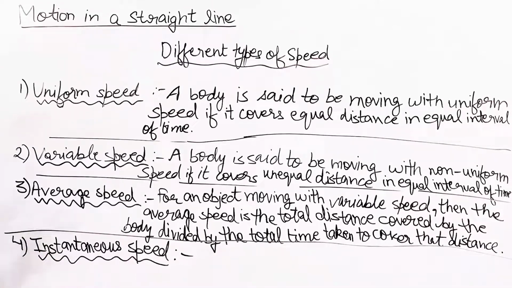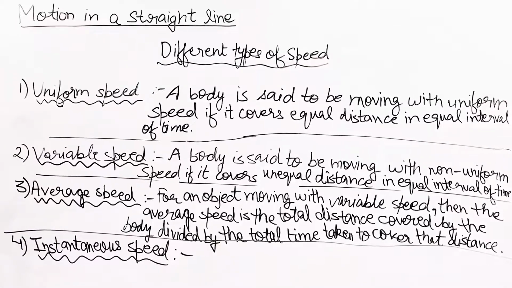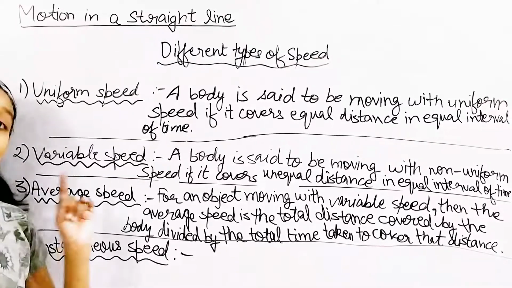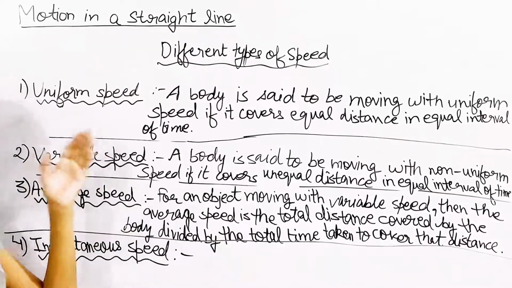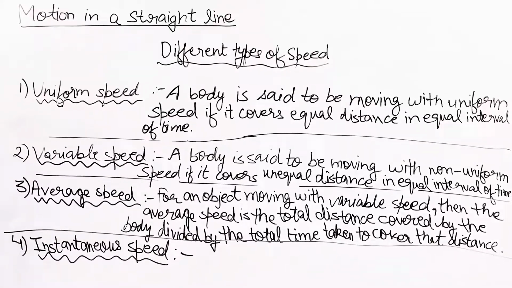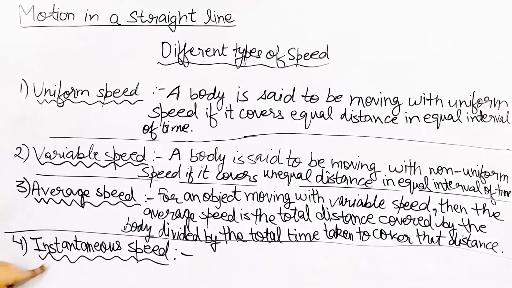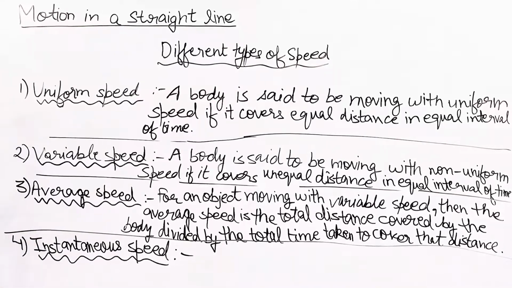The instantaneous speed is the speed of an object at a particular moment in time, okay? So instantaneous speed is the speed of an object at a particular moment in time.